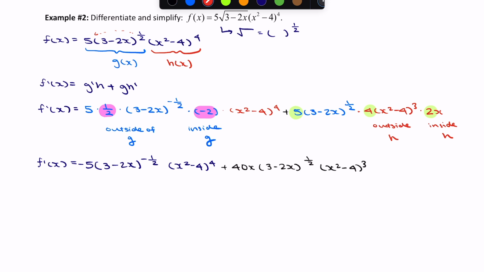So here, when common factoring, like we did in the previous question, we pull out the lowest exponent factor.